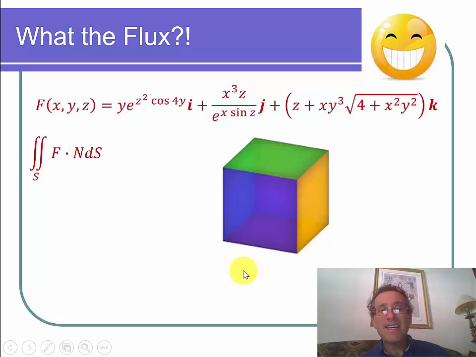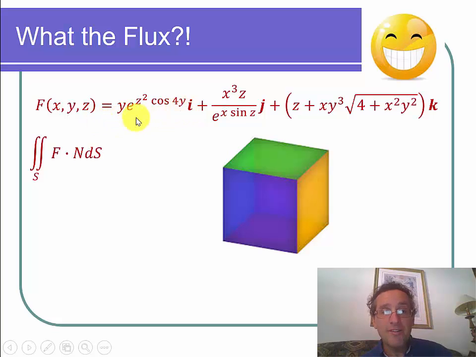So now we can get back to this seemingly awful example where we wanted to find out what the flux is of this vector field on the cube. This is so much better with the divergence theorem. So first, let's find the divergence of this vector field. Notice that the i component, y e to the z squared cosine of 4y, doesn't have any x's in it.